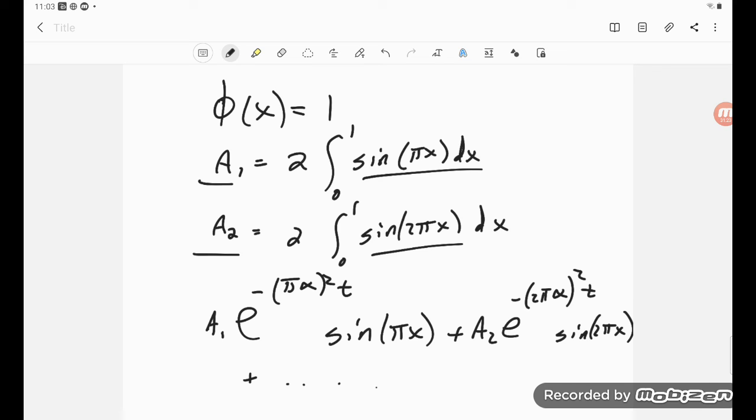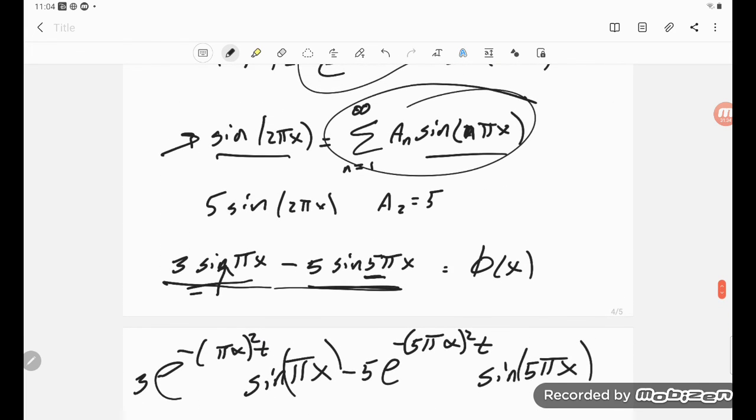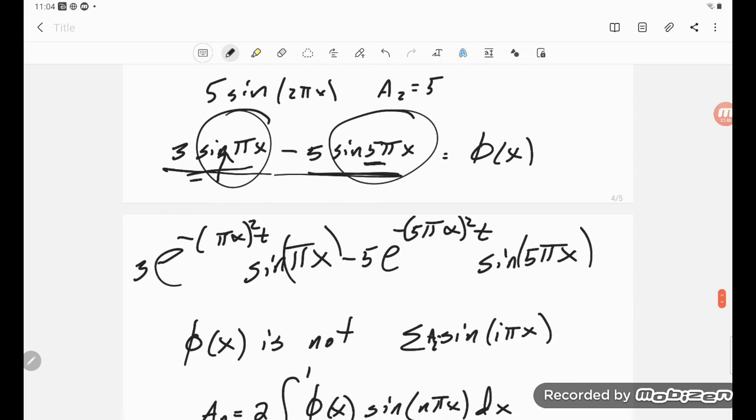Okay, but that is the solution. That's how we get it from phi of x here. If phi of x is nice stuff, and by nice stuff I mean sine of some nice positive integer times pi x, then we'll get a pretty simple solution to write down.